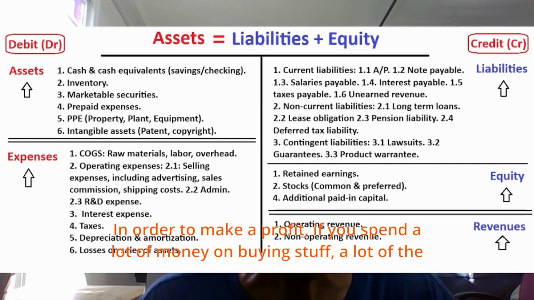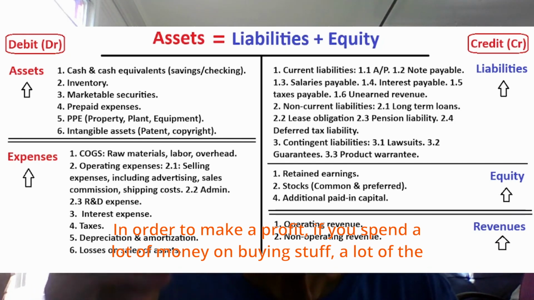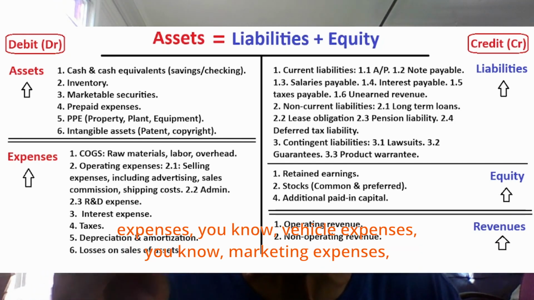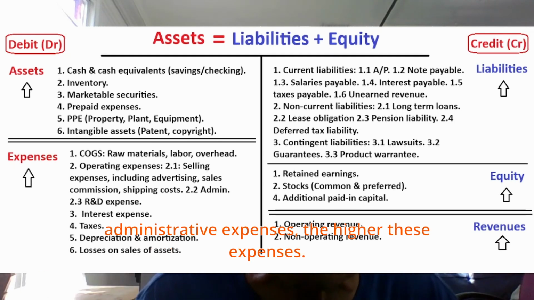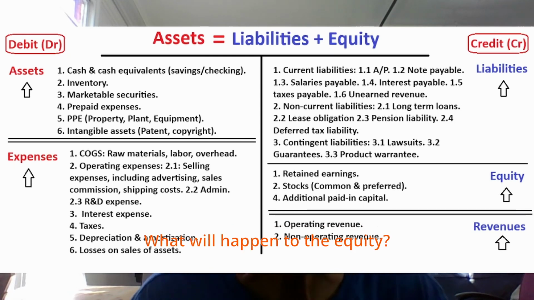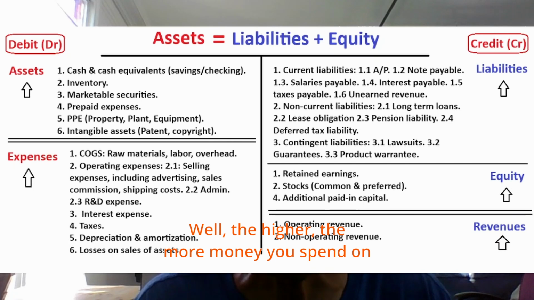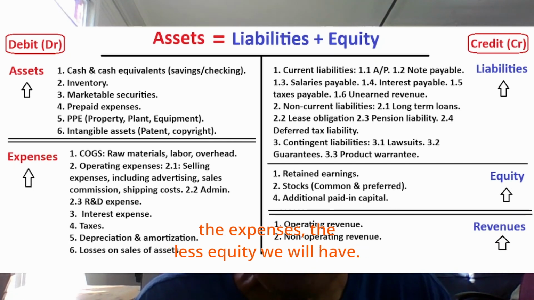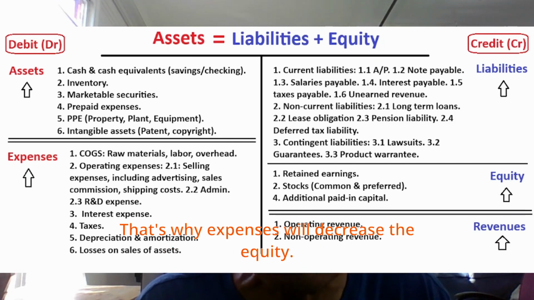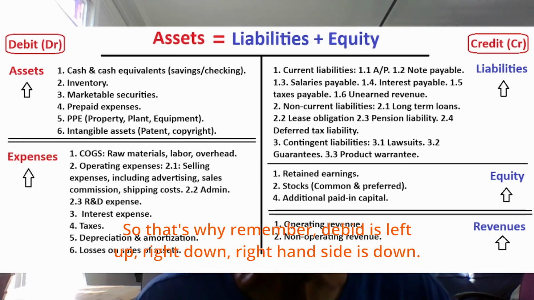Think about this: in order to make a profit, if you spend a lot of money on expenses, vehicle expenses, marketing expenses, administrative expenses, what will happen to the equity? Well, the more money you spend on expenses, the less equity you will have. Expenses decrease the equity.